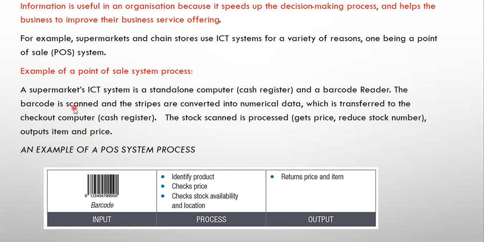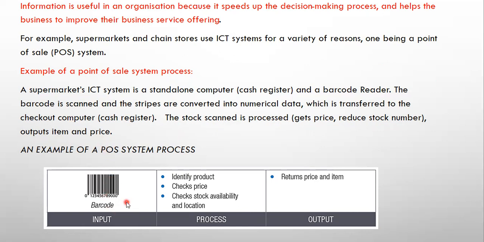The barcode is scanned and the stripes are converted into numerical data. There's your barcode as thick and thin stripes, or stripes of different widths, which is transferred to the checkout computer, which is your cash register. The stock is scanned and is processed. It gets a price from the barcode. It can reduce the stock number because you're purchasing the product, and you can output the item and the price.